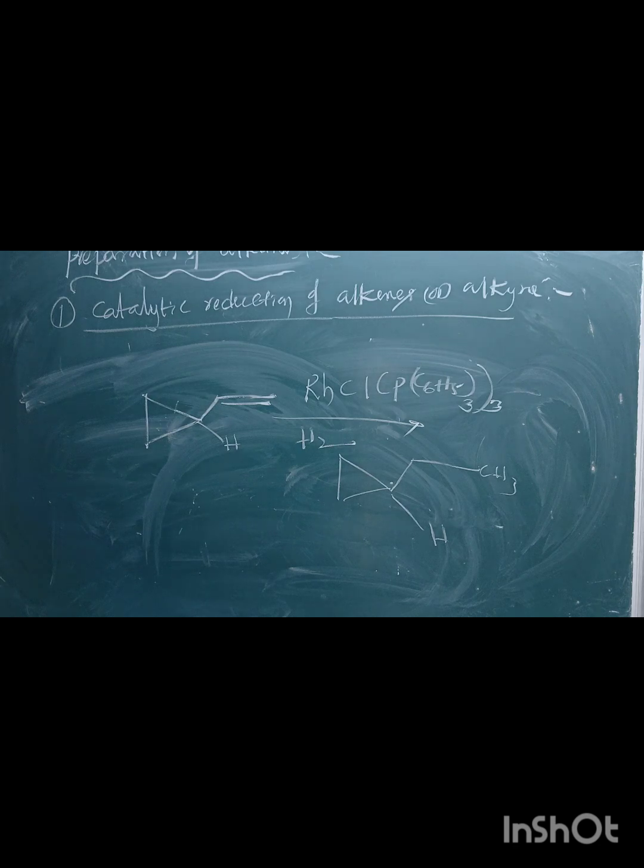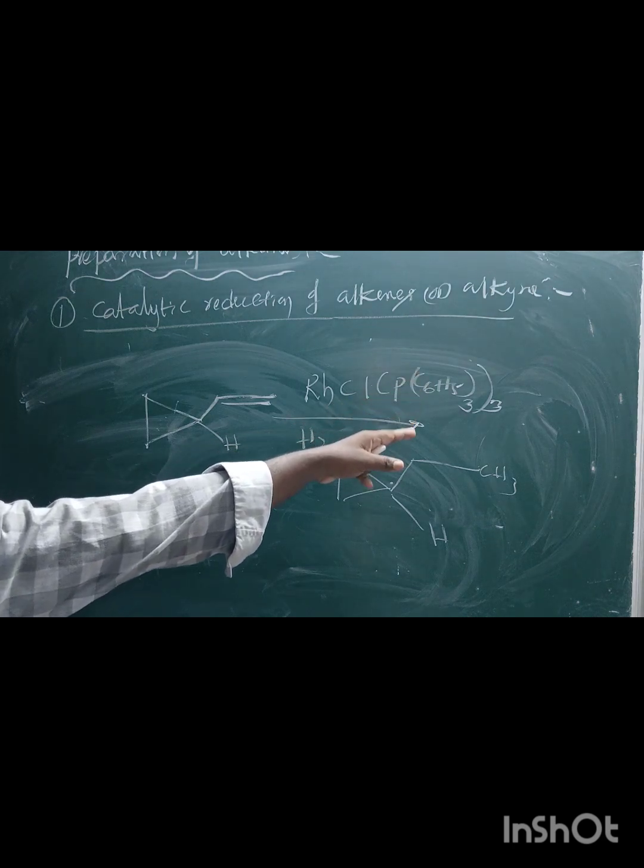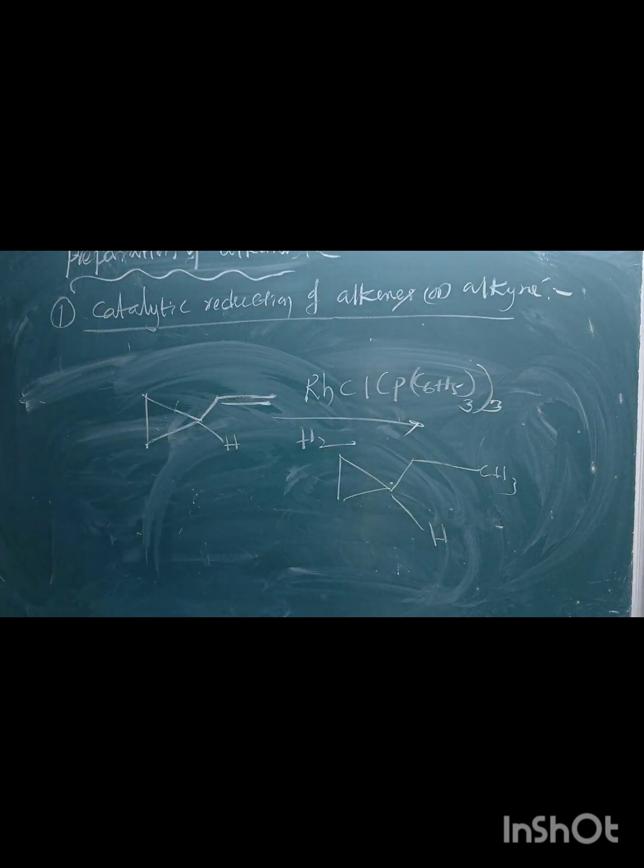It is a specific catalyst, because a selective reduction may take place in this case. RhCl(PPh3)3, with the triphenylphosphine taken thrice, is called Wilkinson's catalyst.